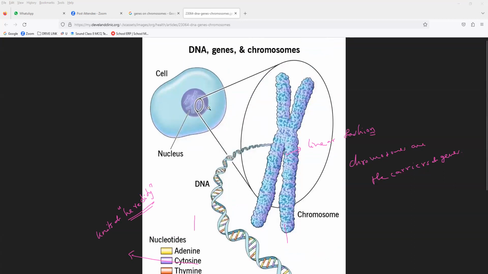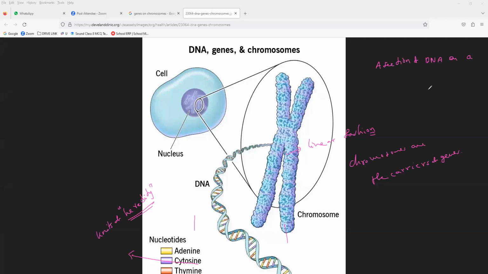So in normal condition, for example, what will happen exactly, you can see. If you take any kind of gene, what do you mean by gene, everybody? Please write that. That is also very important. A section of DNA, what is the full form of DNA, everybody? Deoxyribonucleic acid.